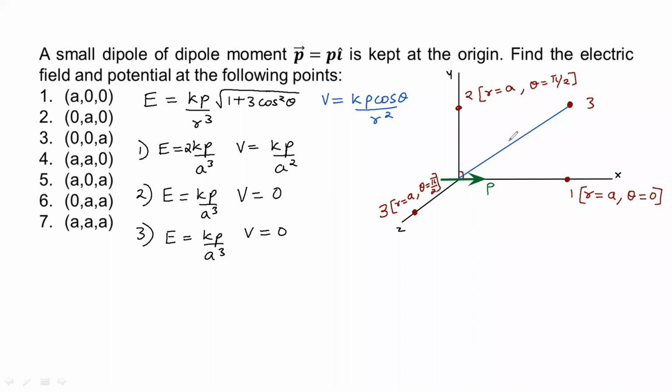So here you can see that this is root 2 times a. Okay. So r is going to be equal to root 2 times a. While what about theta? This is theta, right? So what is theta going to be? Theta is going to be pi by 4. You can see that theta is equal to pi by 4.